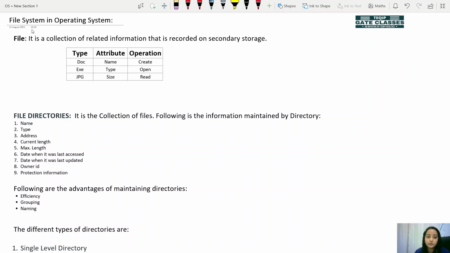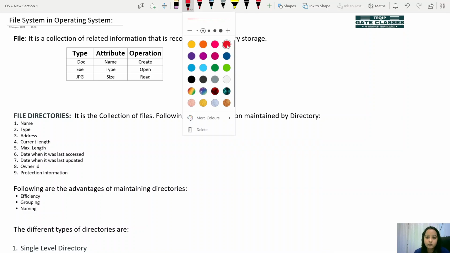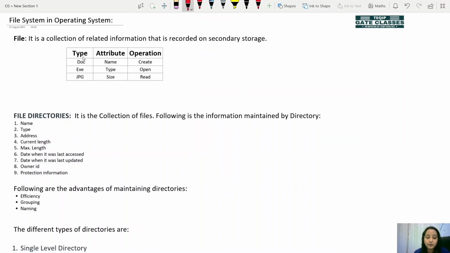So first you need to understand the basics of the file system. What is a file? A file is a collection of related information that is recorded on the secondary storage. There are different types of files: doc, exe, jpg, and associated attributes with each type of file.